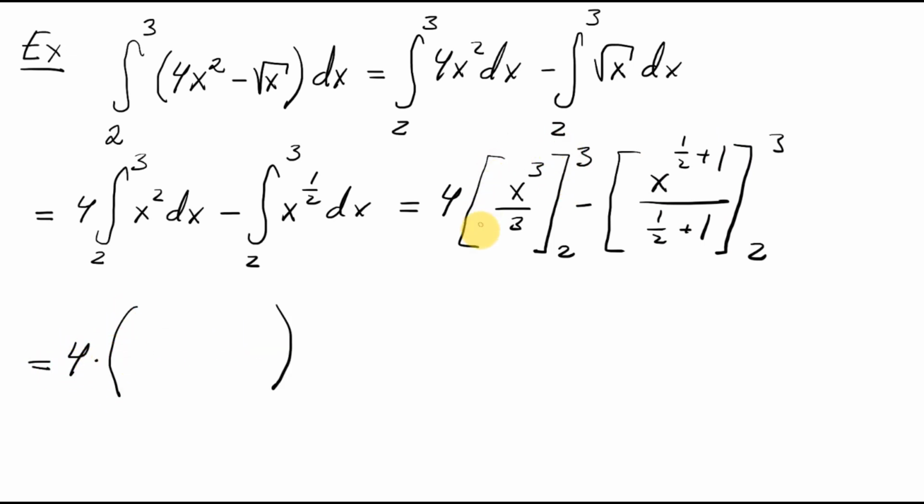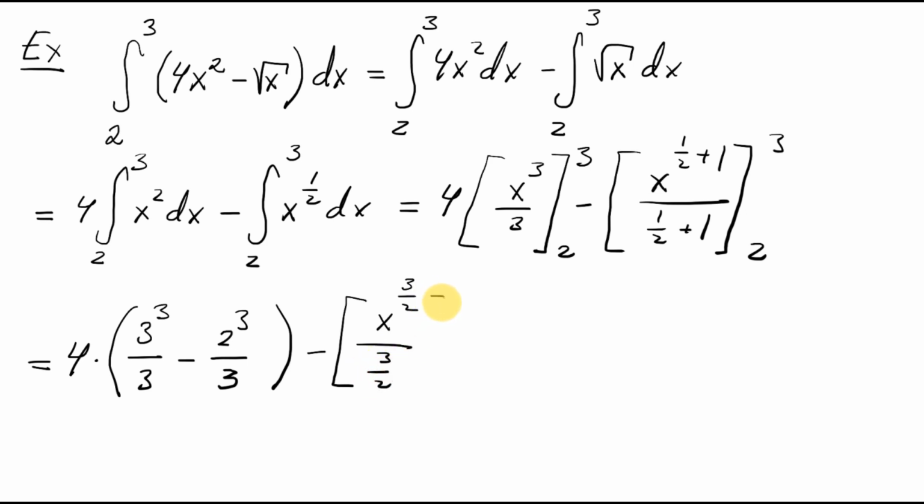Now you just have to remember what this symbol means. And that's just to first put in this one, and then take minus putting in this one. Which gives us this. And here we get this.